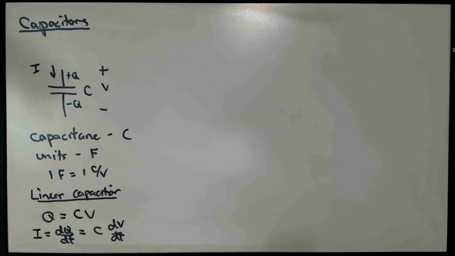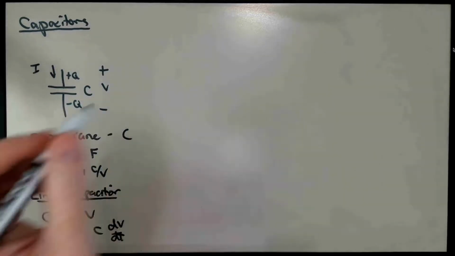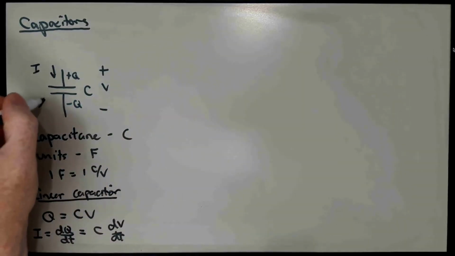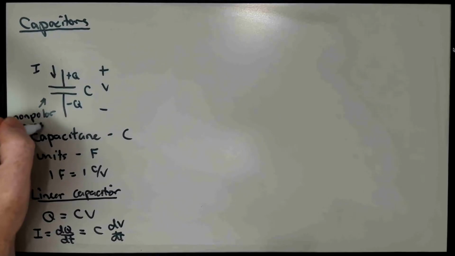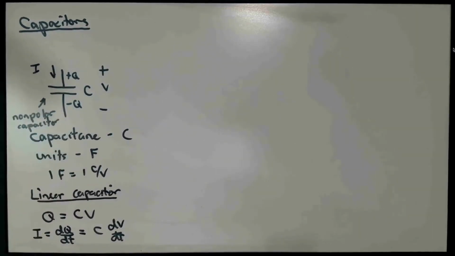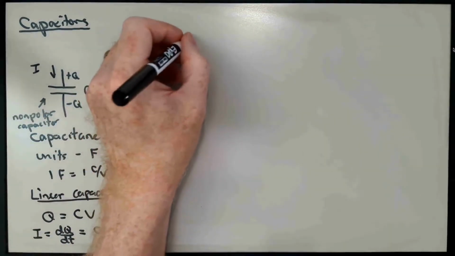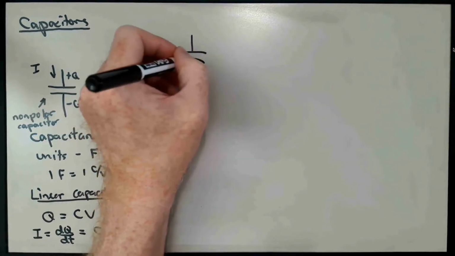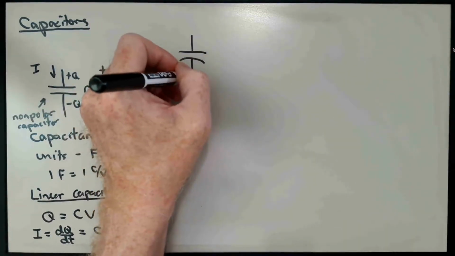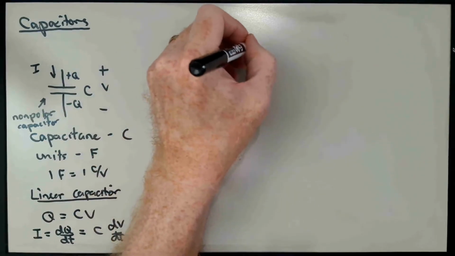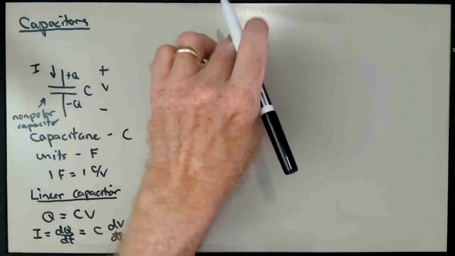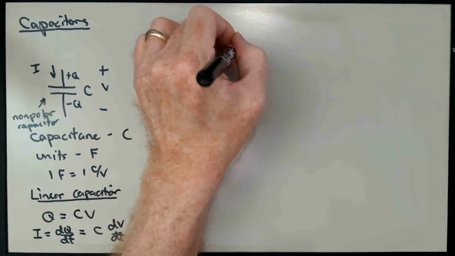Okay. Technically, this is the symbol for a nonpolar capacitor. There is such a thing as a polarized capacitor, and the symbol for that is usually something like this. This is a polarized capacitor, sorry.